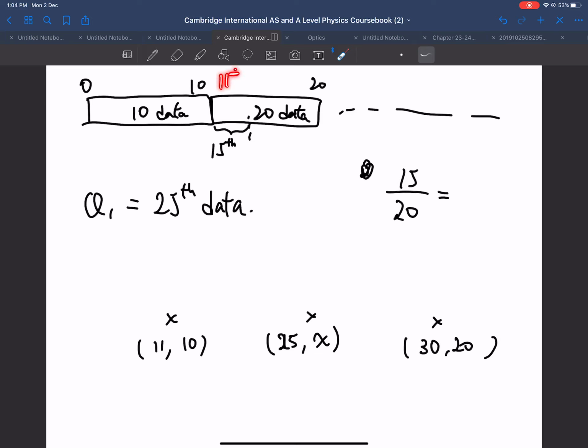Here is from the 11th to the 30th data. So the 11th data is the value 10, and the 30th data is the value 20, and you find the 25th data. You let it be x, and then consider the equation of a straight line and solve it. So it means that it's evenly distributed along these two.